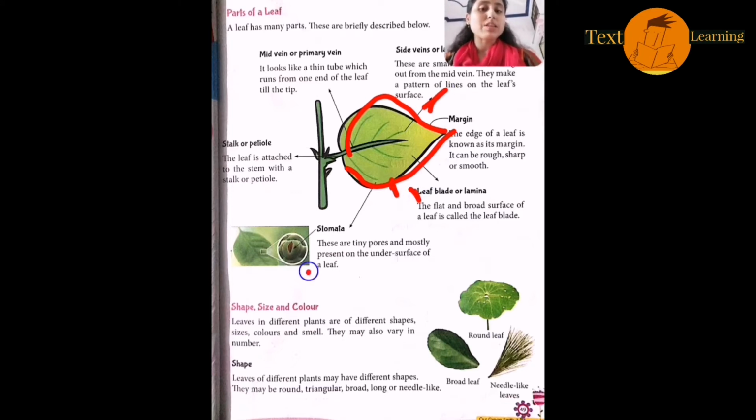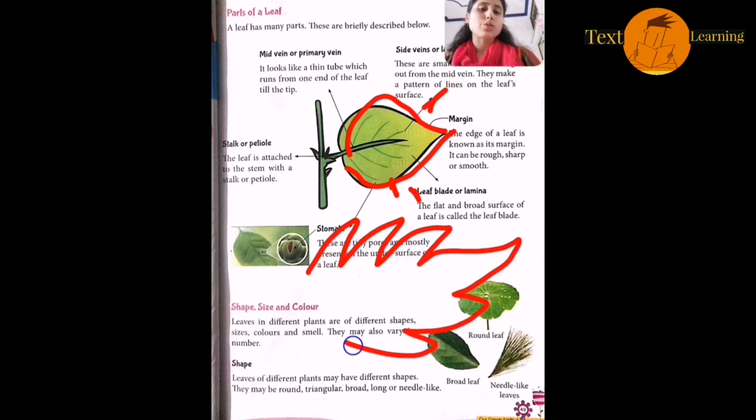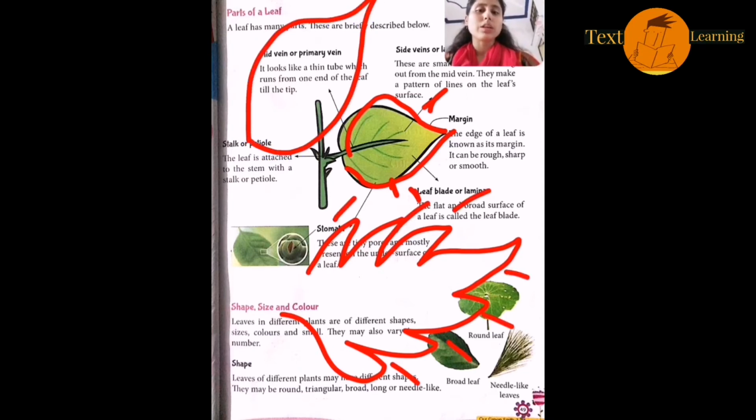You must have seen some leaves in this shape, which are sharper and harder, and you must have seen smooth edges also. So this is called the outline of a leaf. The outline or the edges of a leaf is called the margin.